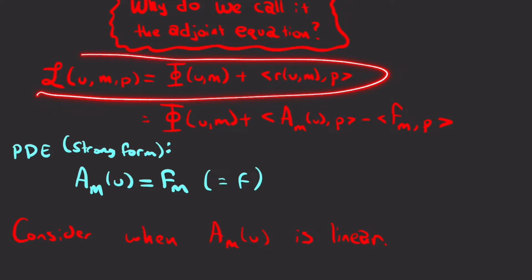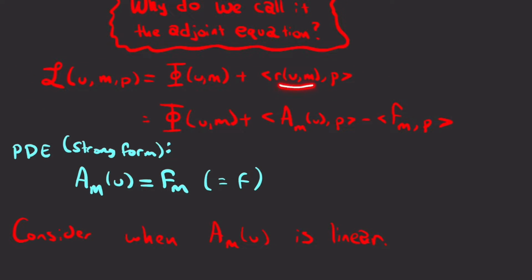This is our Lagrangian. We implicitly constrain our PDE, R of u, m, and phi is our misfit function. Typically, R of u, m can be written as A sub m of u minus F sub m.